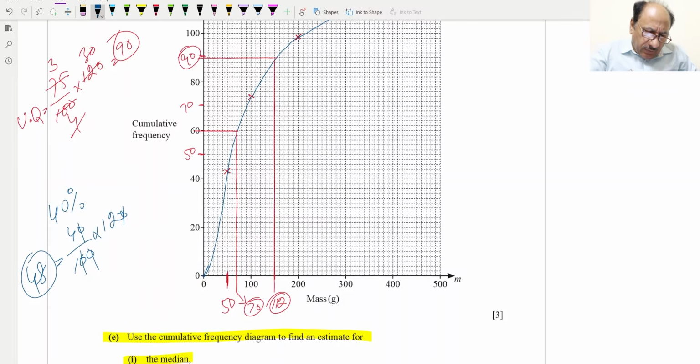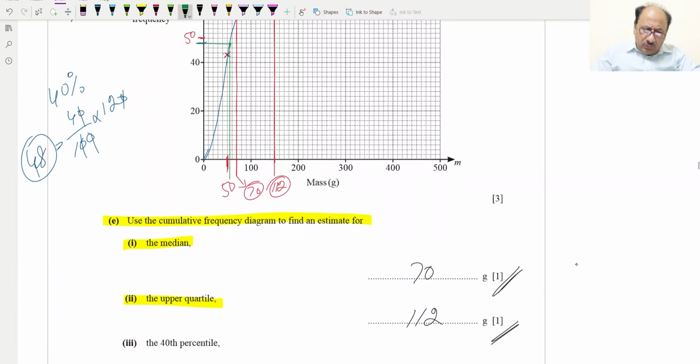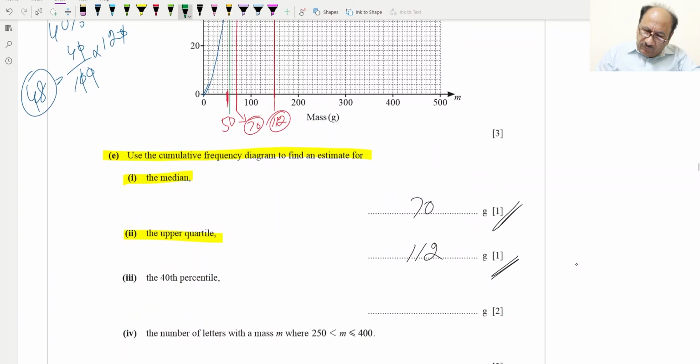The 48 reference is this one, and from the curve, if we check the reference, this is a little more than 50, so we can write like 55. So our value will be 55 for this 2-mark question. This is the 40th percentile which we have done.